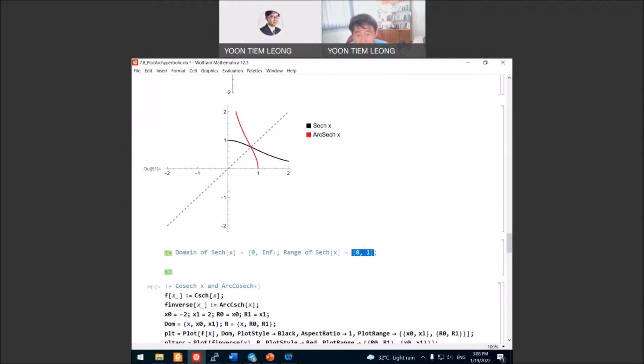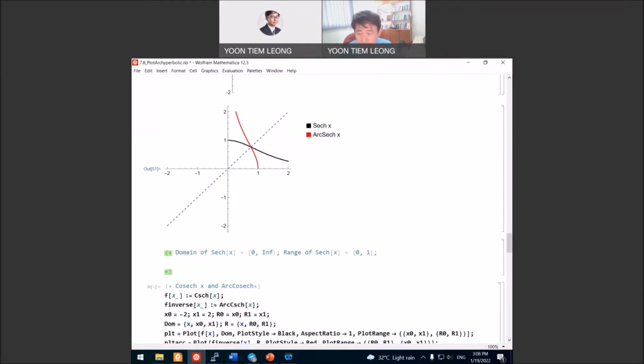The hyperbolic secant will never have a value which is negative or larger than 1. The maximum it can go is just 1.